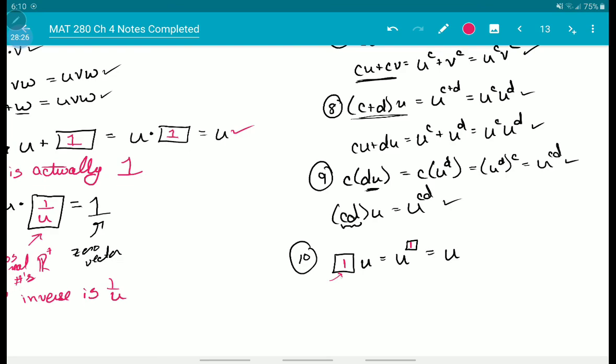Since 1 is our scalar, and scalars can be anything, then that's good. So 1 times our number under this definition gives us that number back. And that is definitely in this world, which is the positive real numbers. So every axiom holds, even though we have really changed what addition and multiplication looks like. Every axiom holds, which means that this guy is definitely a vector space. How cool is that?